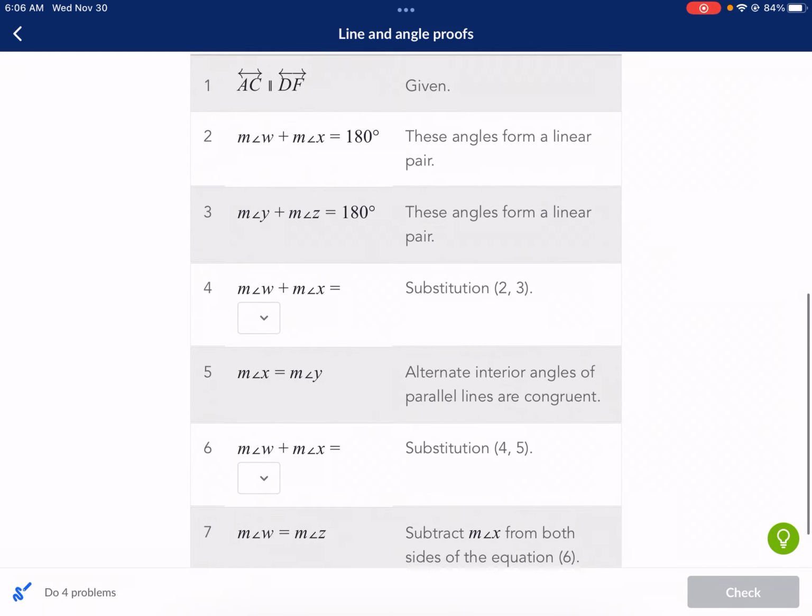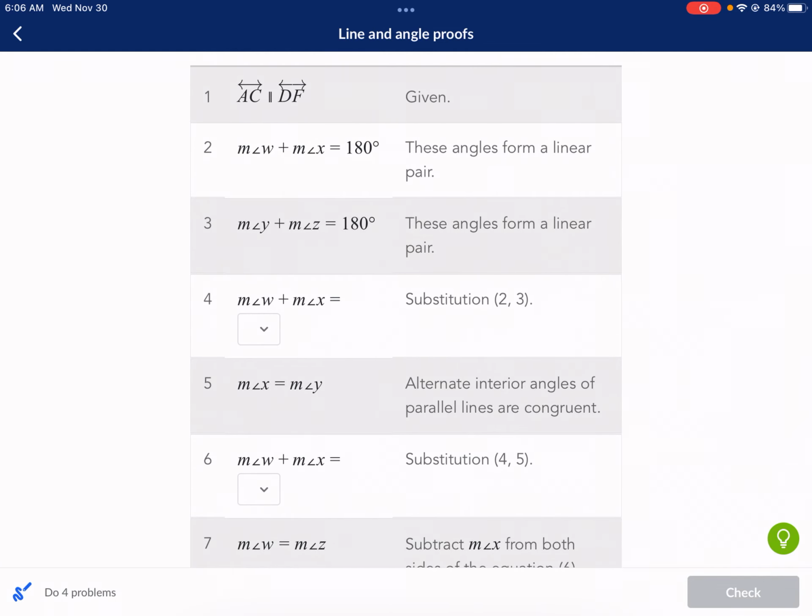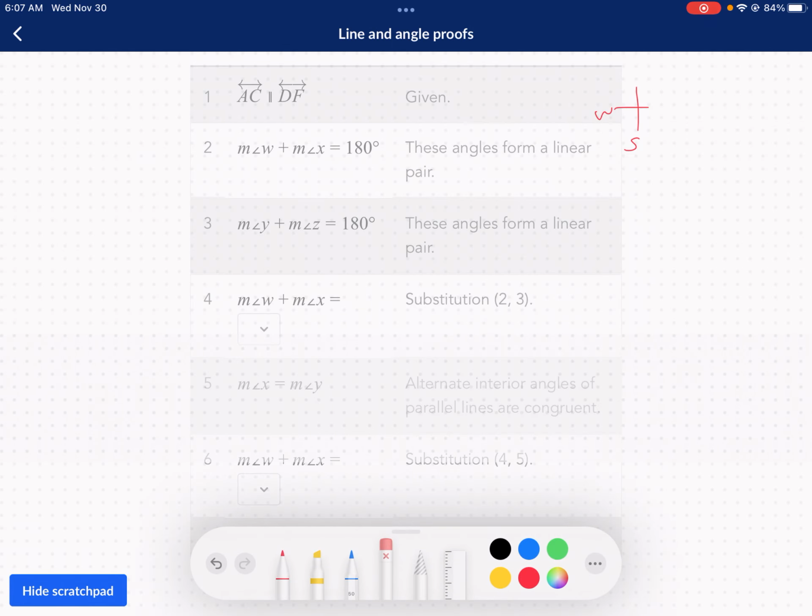Now, here's where we first have to do a proof. When you make a decision here, W and X added together equals, and it says substitution 2 and 3. What it's talking about is the second and third step. So here we have 2 and 3. You can see if they're both equal to 180, that means we could set them equal to each other. So here's the yellow one. We can now set the green one equal to it. Let me write that in green.